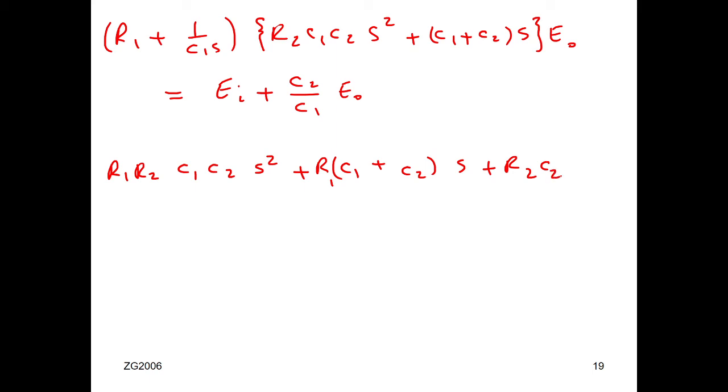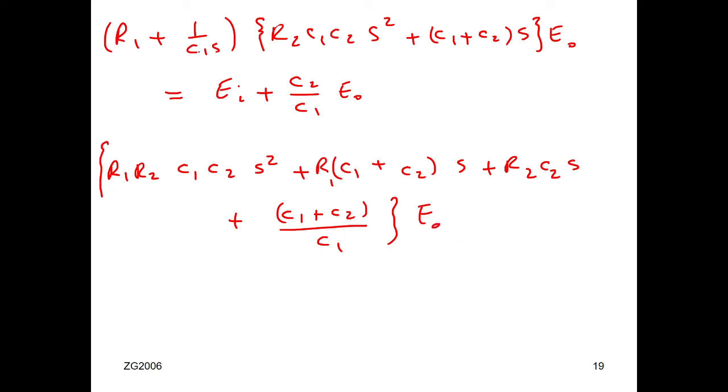C1, so you're left with C2 S, plus the last one, C1 plus C2 divided by C1. S will cancel with S. This is all multiplied by E out.